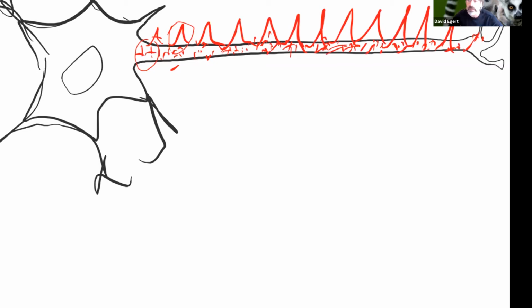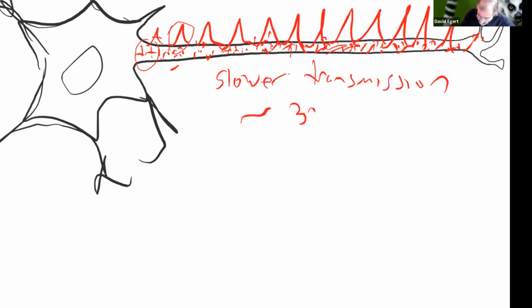This would not be a good way to get a message from your brain to your muscles, or from your eyes to your brain, and from your brain to your muscles to say that I'm in danger and I need to respond quickly. Your slower axons, slower transmission can be around 3 to 5 meters per second, which is pretty slow.